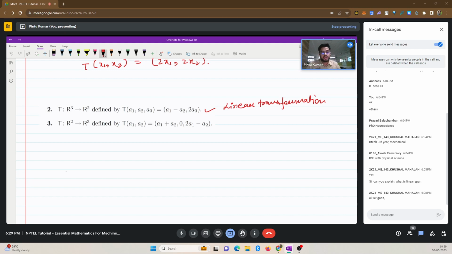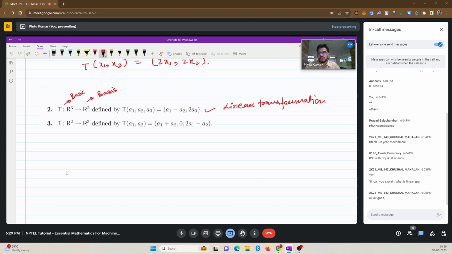So you need to select a basis over here, and you need to select a basis over here. In most real life cases, and in most of the examples that you will solve, it is very convenient to assume the standard basis.